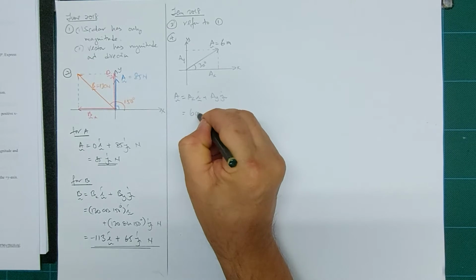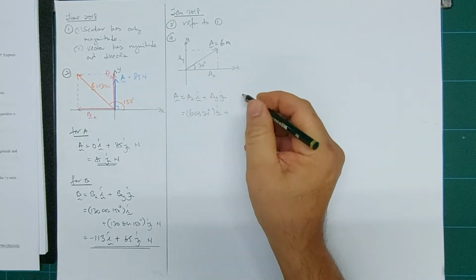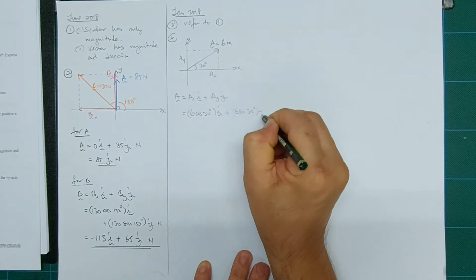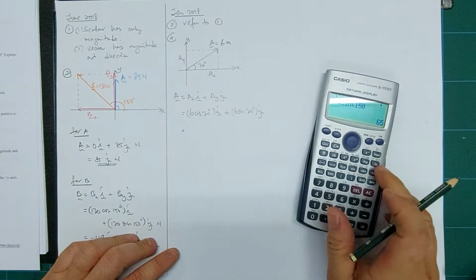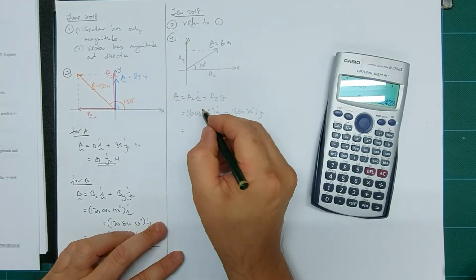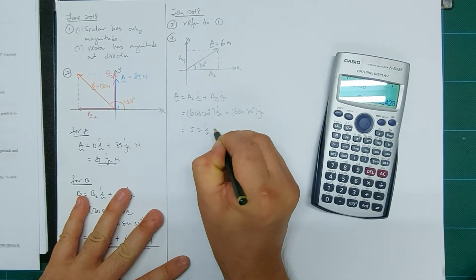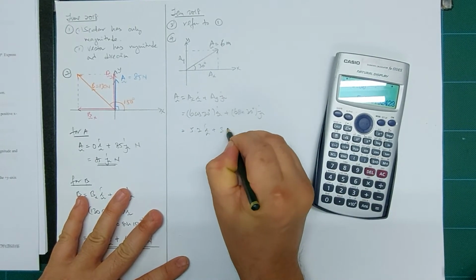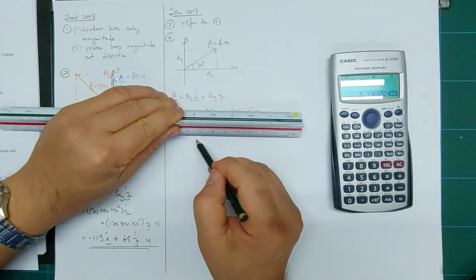Ax is 6 cosine 30 for i, plus 6 sine 30 degree for j. 6 cosine 30 gives 5.2 i, plus sine 30 is half, so 3.0 j in meter. That is our A.